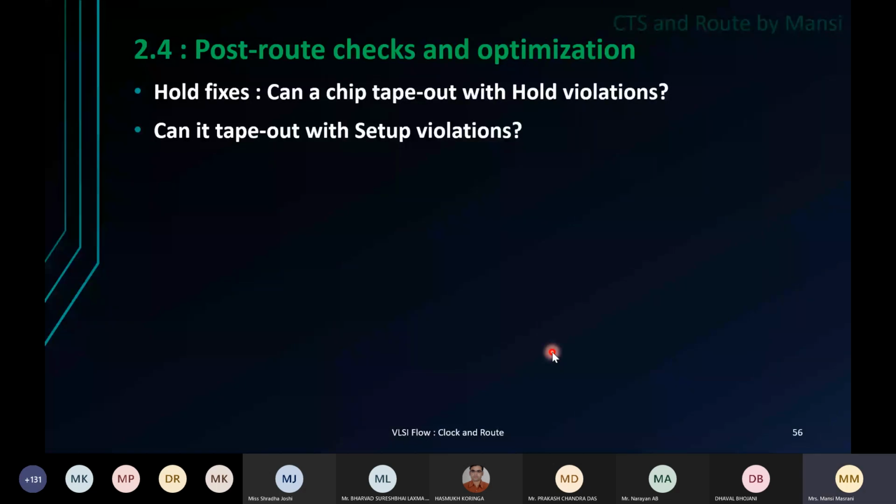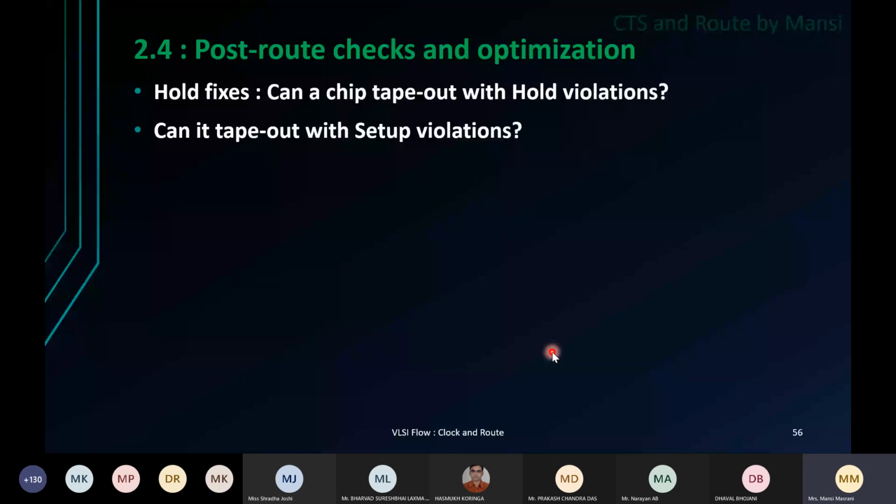Does that happen? Okay. Can it tape out with setup violations? Yesterday in the DFT session, yes, somebody has the answer. Yeah, the chip may not work.